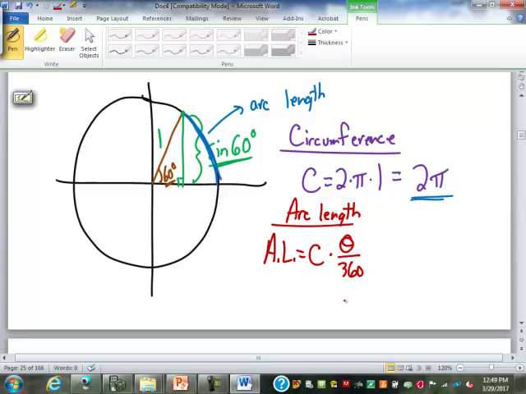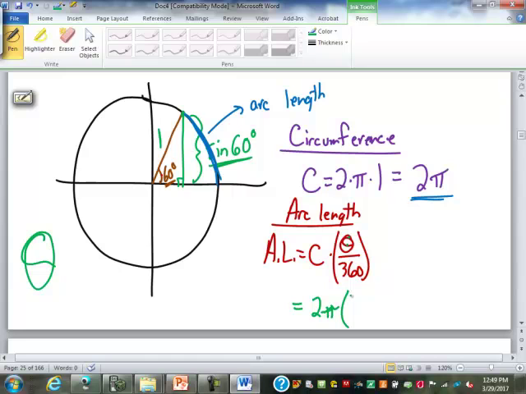The fraction of that circle is this central angle here divided by 360. So for this, it's going to be 2 pi. That's theta. That looks like an O with a line through it like that. That's the symbol for an unknown angle.